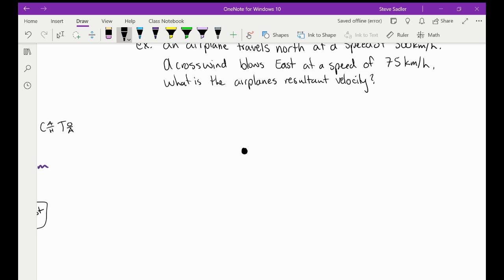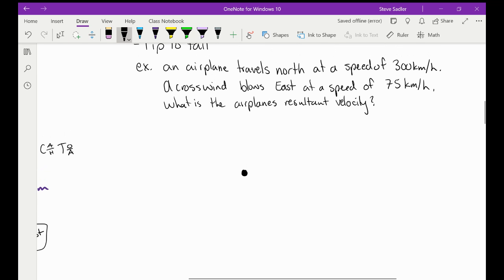A lot of times in physics, we just use a dot, especially because I'm not an artist. So the airplane is traveling north at 300 kilometers per hour, and there's a wind blowing east at 75 kilometers an hour.